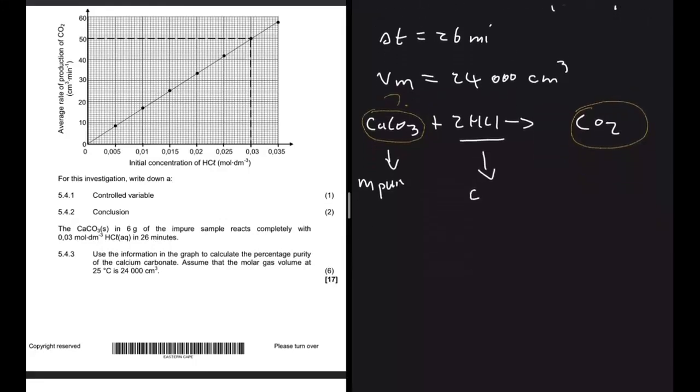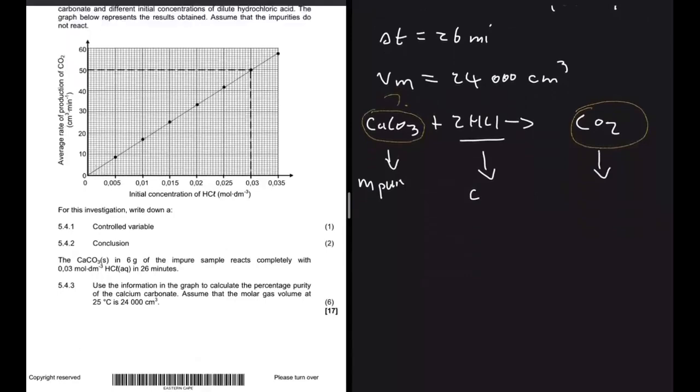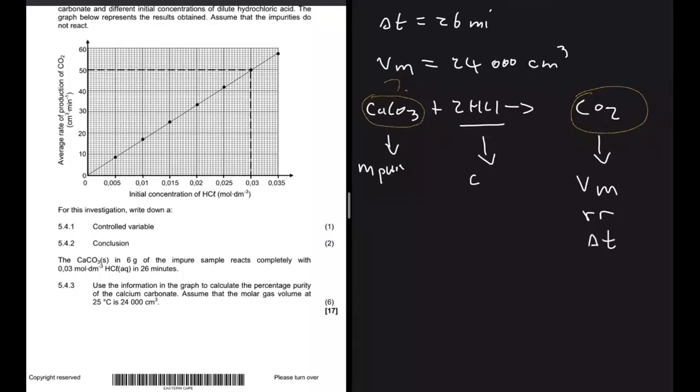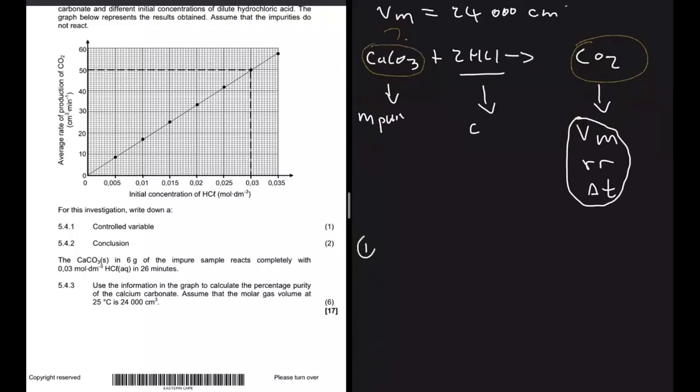And then for CO2, we have the molar gas volume, we have the average rate, the reaction rate, and the time of the reaction. So it seems like CO2 is what we can use to calculate everything else, because this is where we have the most information. So we can use the reaction rate to calculate the volume of CO2, right?